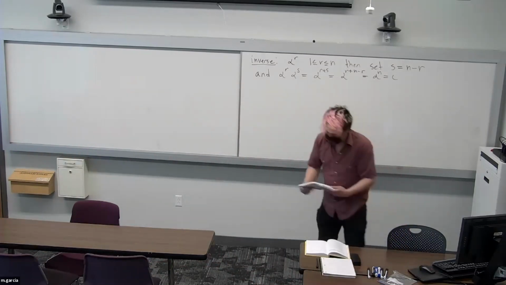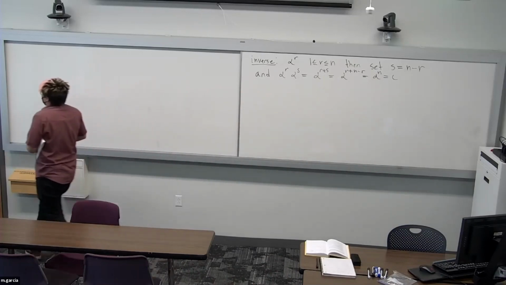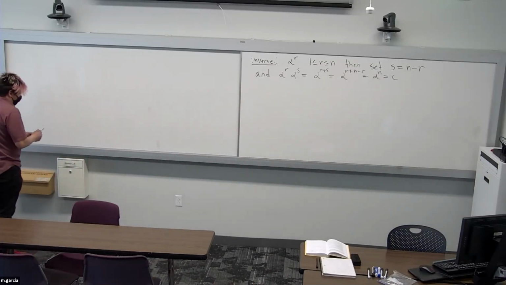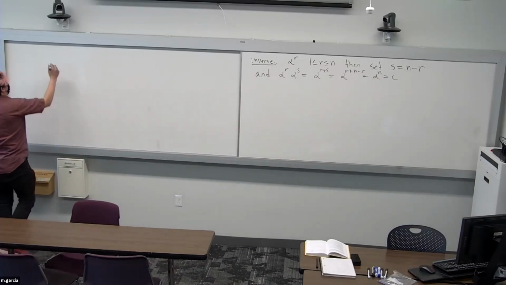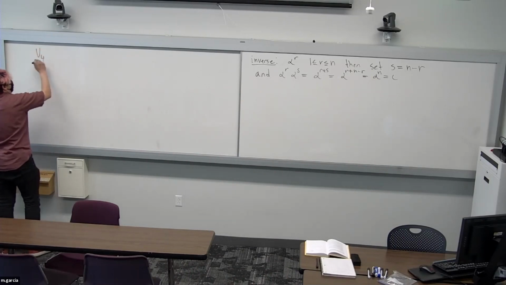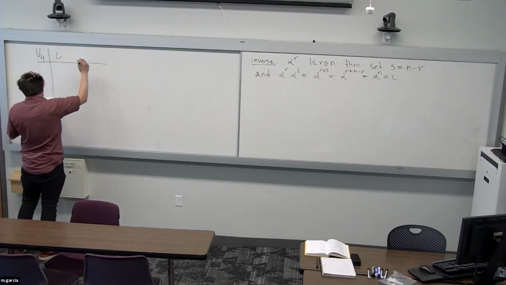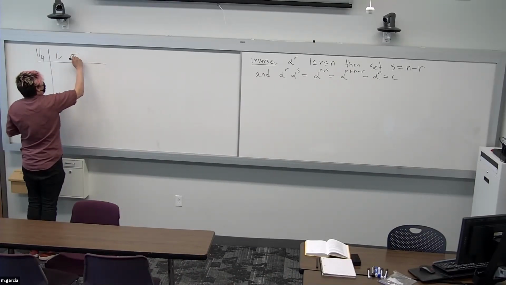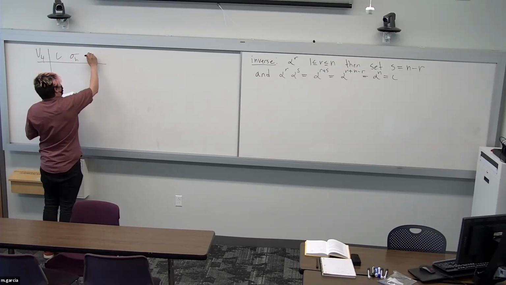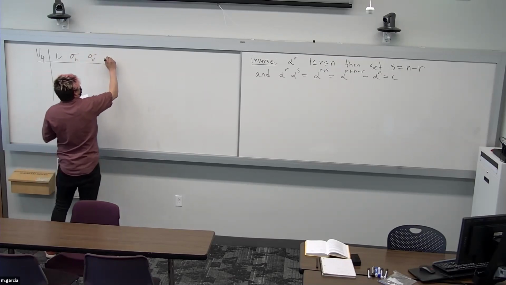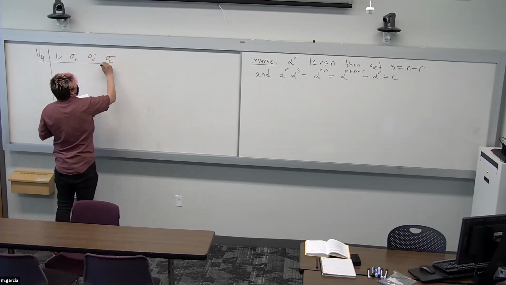Okay, so let me just remind you the two rows that we have filled out already. So V4, iota, just so my notation is consistent with my notes, sigma sub h, sigma sub v, and sigma sub o.